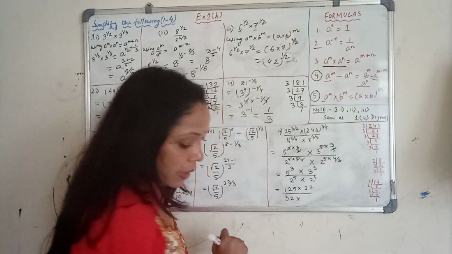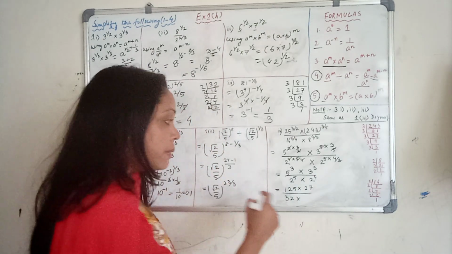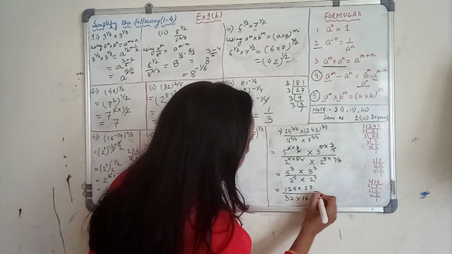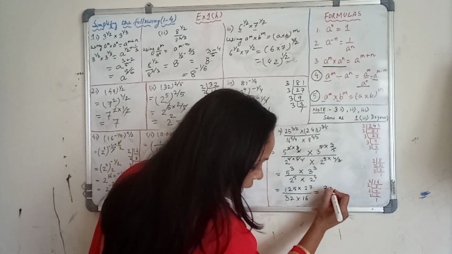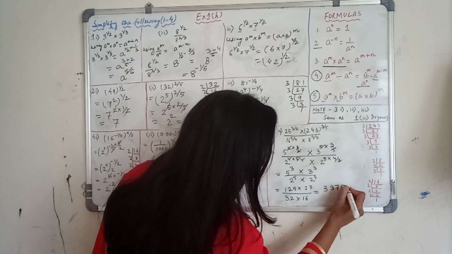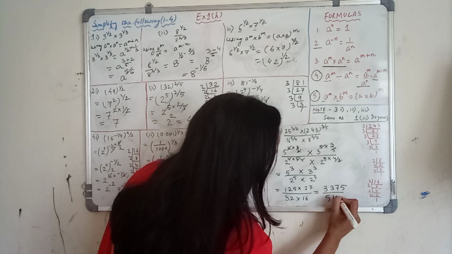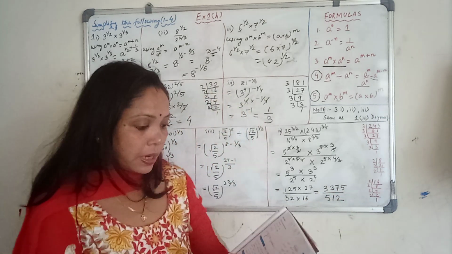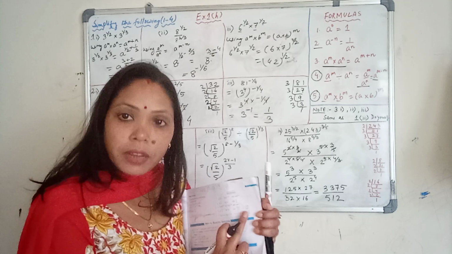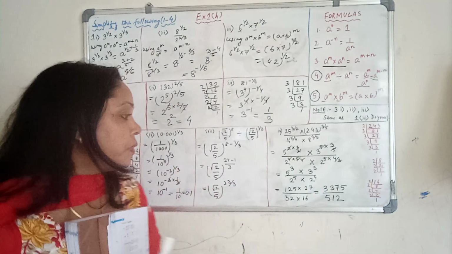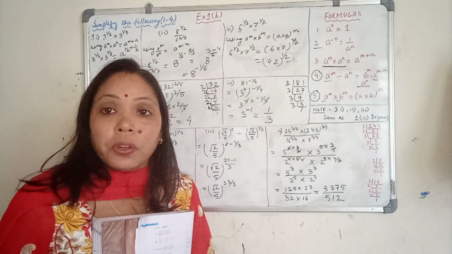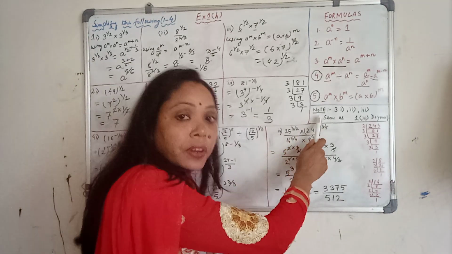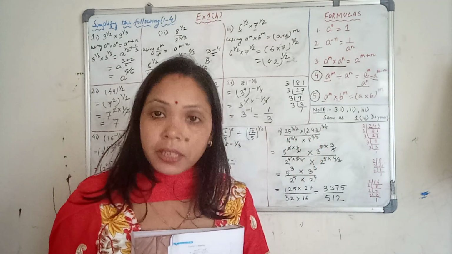Into this one, multiply 4 times. It will be 16. Now 125 into 27 will be 3375. And this is 512. So the answer is 3375 by 512.